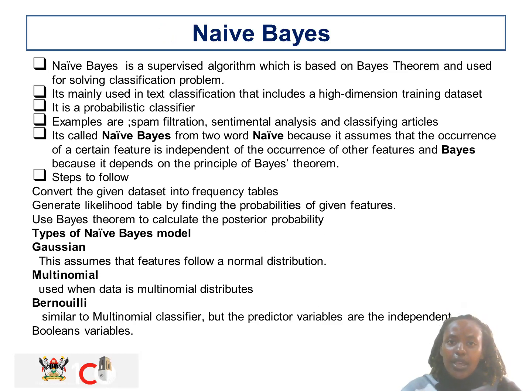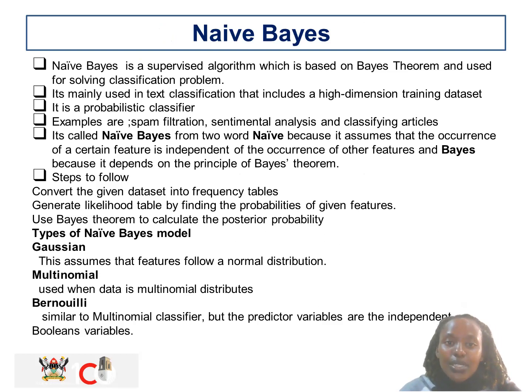It actually works hand in hand with Naive Bayes. What is Naive Bayes? It is a supervised algorithm, as I talked about in my last video; you just need to subscribe and follow up on what I talked about. It is based on the Bayes theorem and is used for solving classification problems.